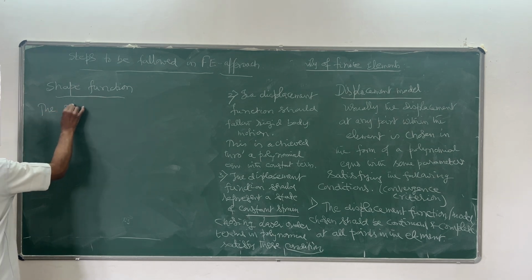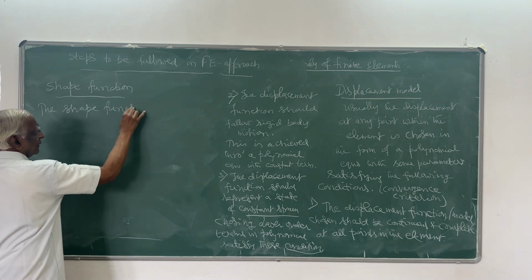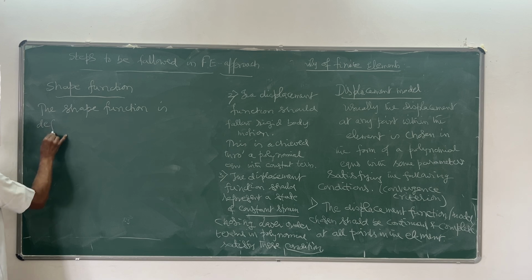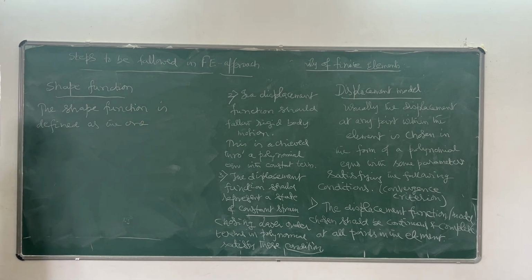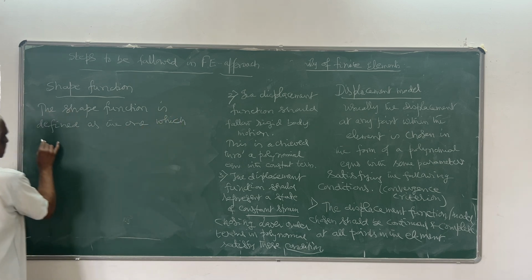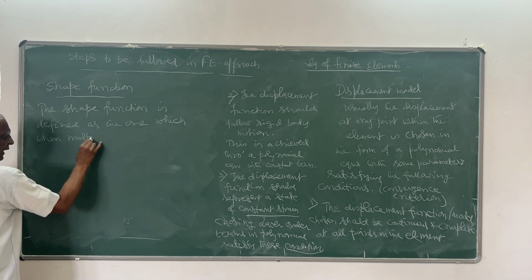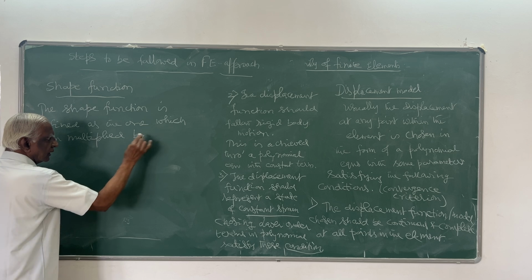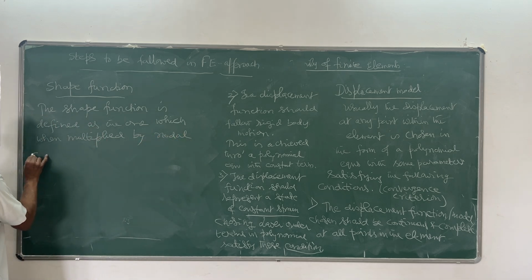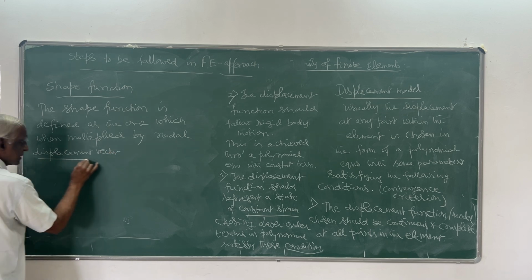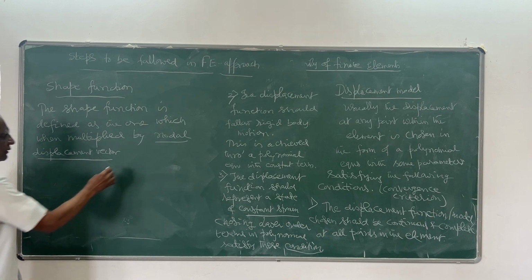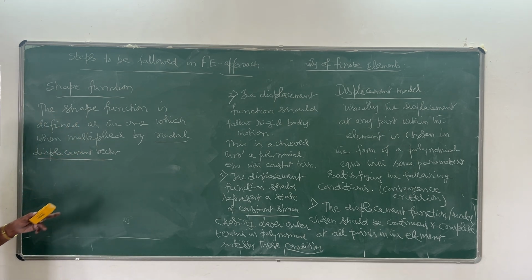The shape function is defined as the one which, when multiplied by the nodal displacement vector, maybe nodal displacement vector in global coordinate, or it may be natural coordinate, one more coordinate I will explain now, natural coordinate or Cartesian coordinate.